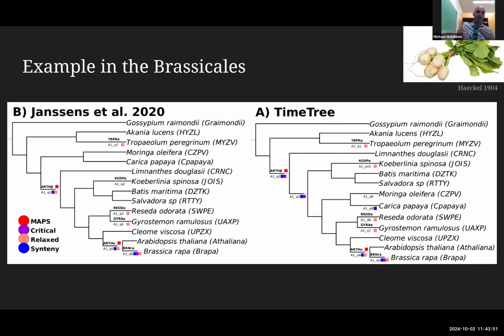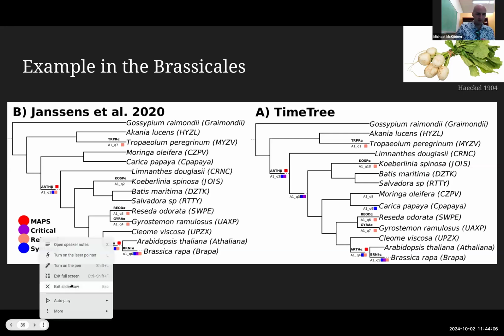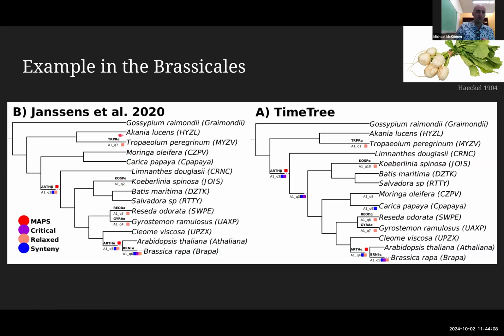Before I give you the total summary of those precise placements, I want to give you a small toy example in the sub-analyses for the Brassicales. On the left, we have the Jansen et al. tree. On the right, we have Time Tree. Wherever you see a dark colored 4-letter code, that is a whole genome duplication from the 1KP analysis inferred using KS.